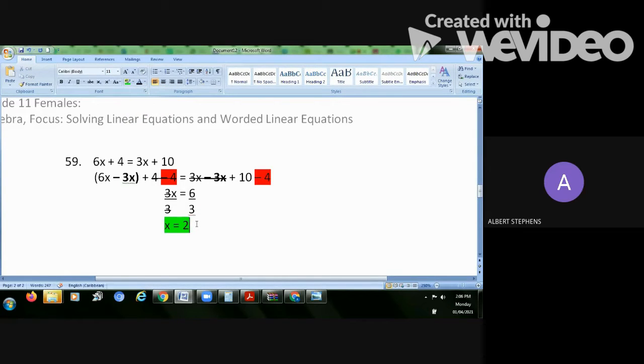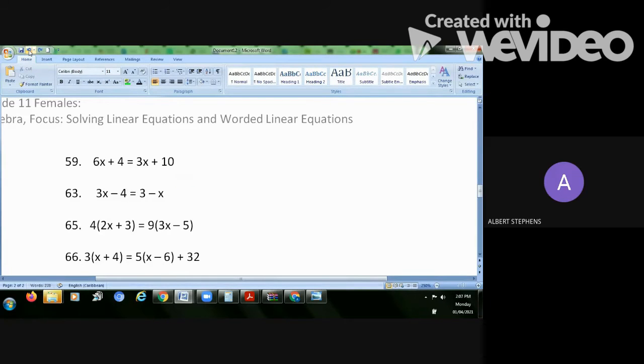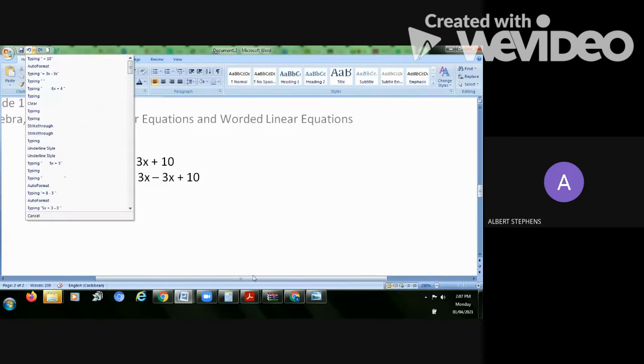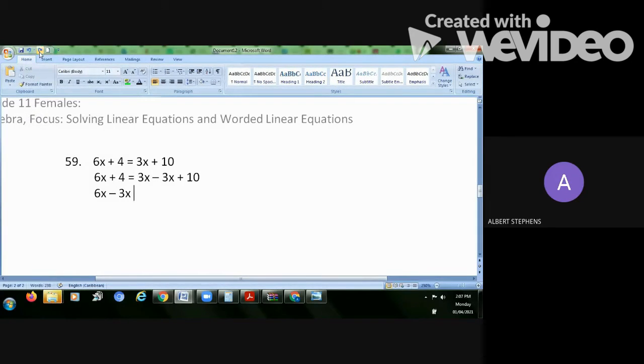Alright, so let's do this again. First thing, you want to put this 3x on the left hand side, not true? So you subtract 3x on the right hand side.